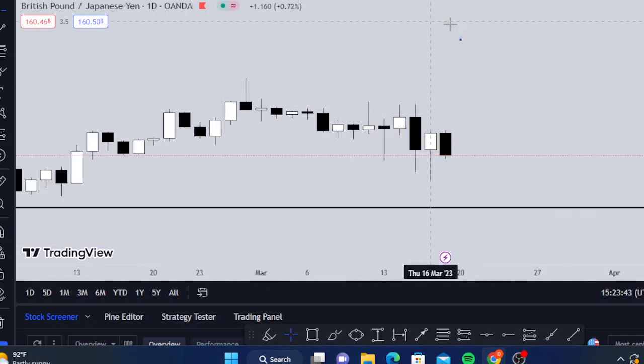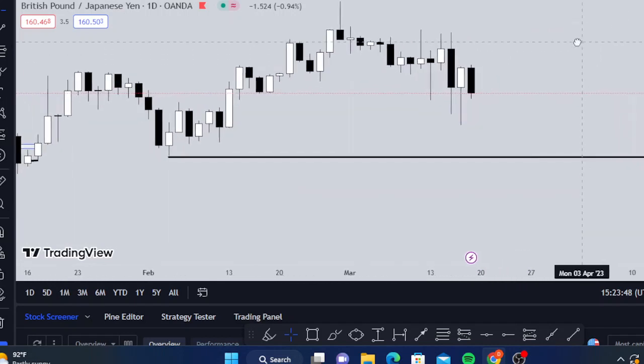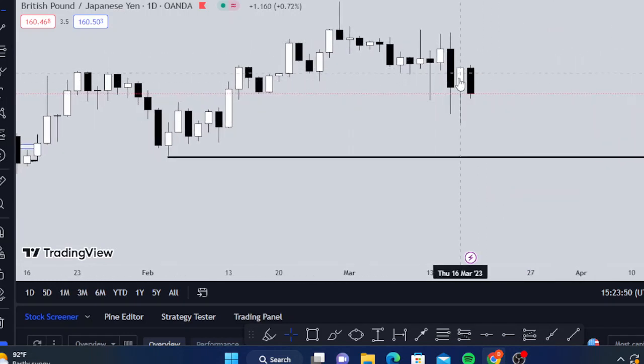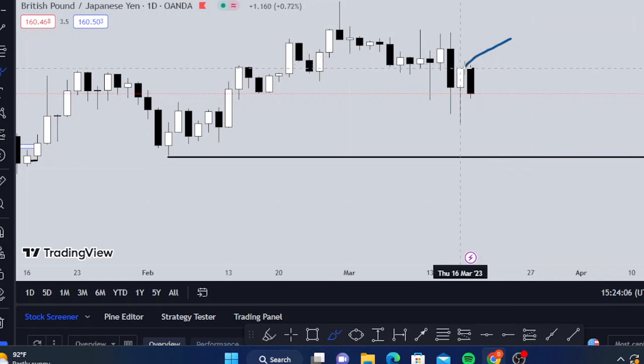This is the candlestick that I'm talking about. So you can see that this particular candlestick forms with what? This particular candlestick has a longer lower wick and a shorter body.